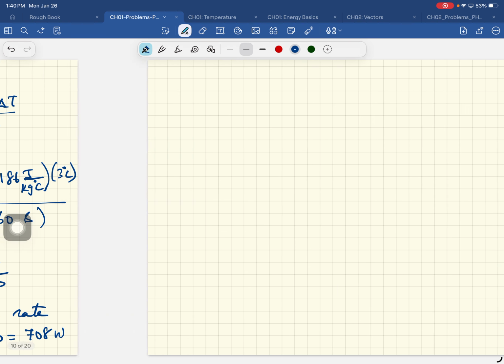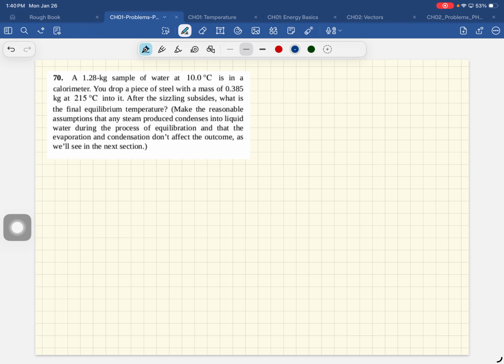Okay, so I'm going to do this quickly. So the final temperature is (215 × 448 × 0.385 + 10 × 1.28 × 4186) divided by (0.385 × 448 + 1.28 × 4186).